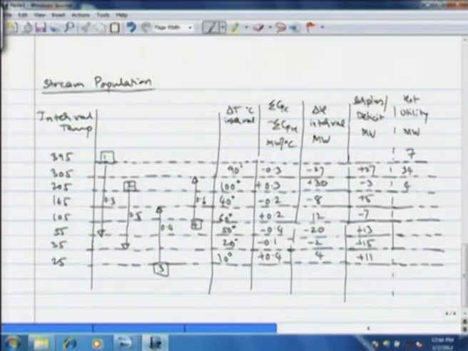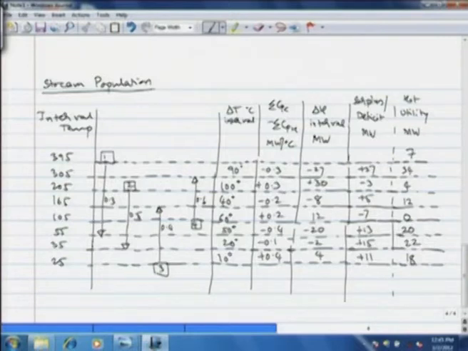Then to this 4 we add minus 8 of the fourth interval, so that becomes plus 12, and then 12 minus 12 becomes 0 here. So here you have a pinch, and then further the next interval has minus 20, so the net heat available is 20 megawatt, then out of which again in the next interval you have minus 2, so that adds to 22, and from this 22 we have to supply 4 megawatt in the last interval, so we are left with 18 megawatt.